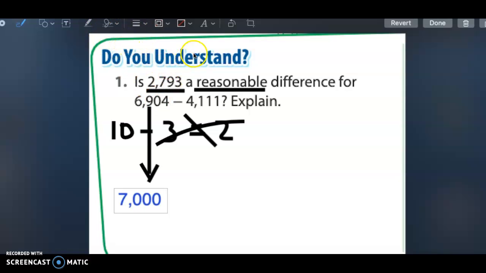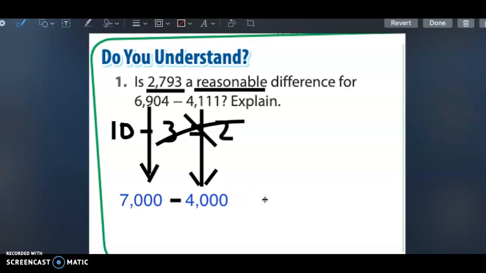Then I am going to also round 4,111. And when I round 4,111, I want to also round it to the nearest thousand, since I rounded 6,904 to the nearest thousand. And so when I round that, I get 4,000.